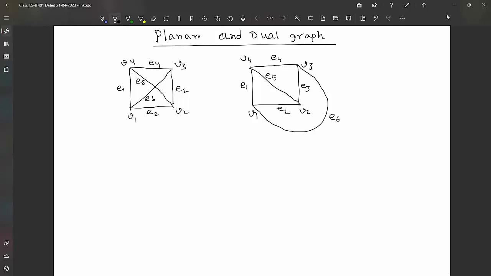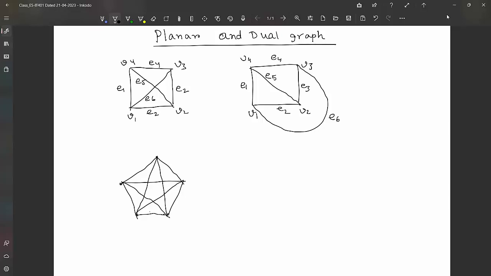That means suppose I give you a graph like this, the K5 graph with 5 vertices, and then you connect all these 4 vertices with lines and then the remaining vertices with lines, and you will see that it is not possible to make it a planar graph.